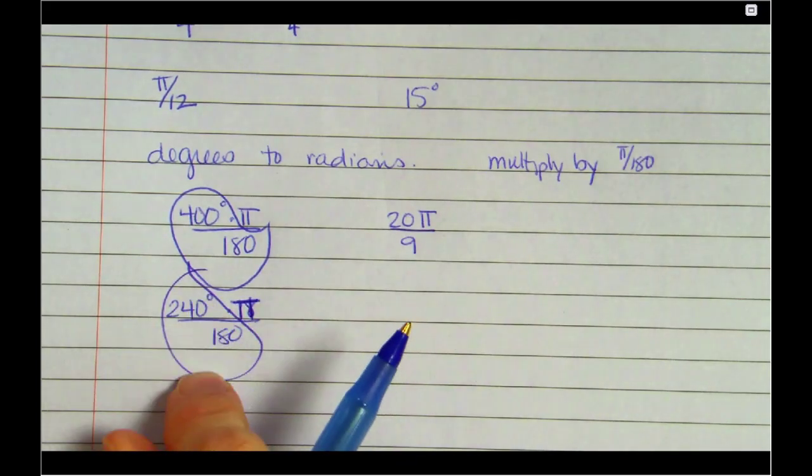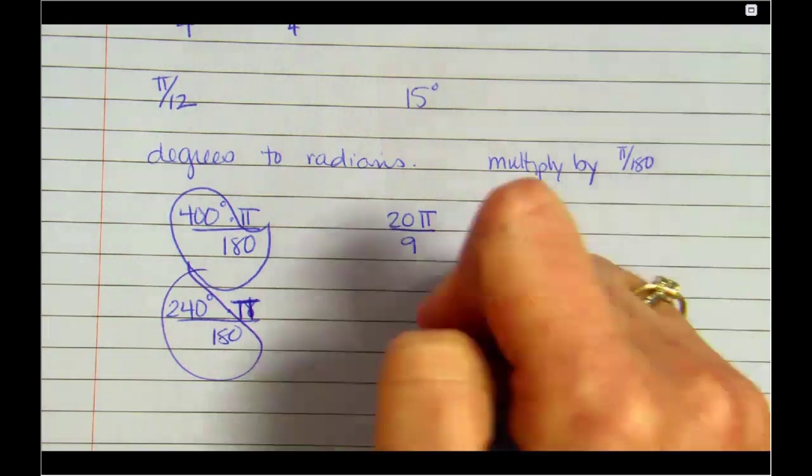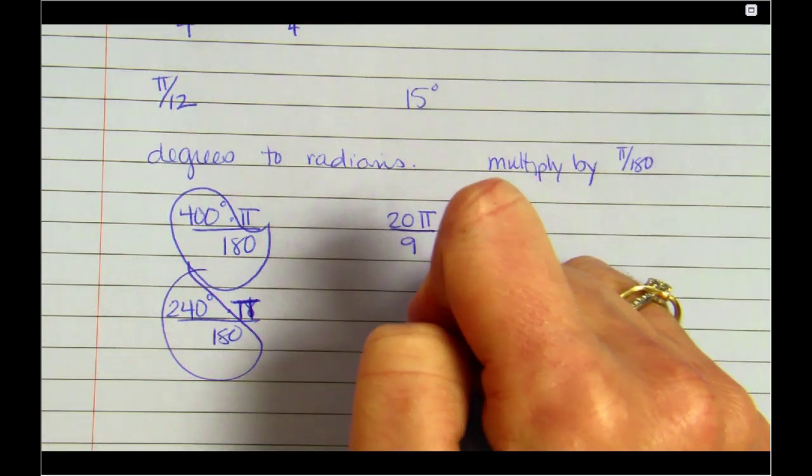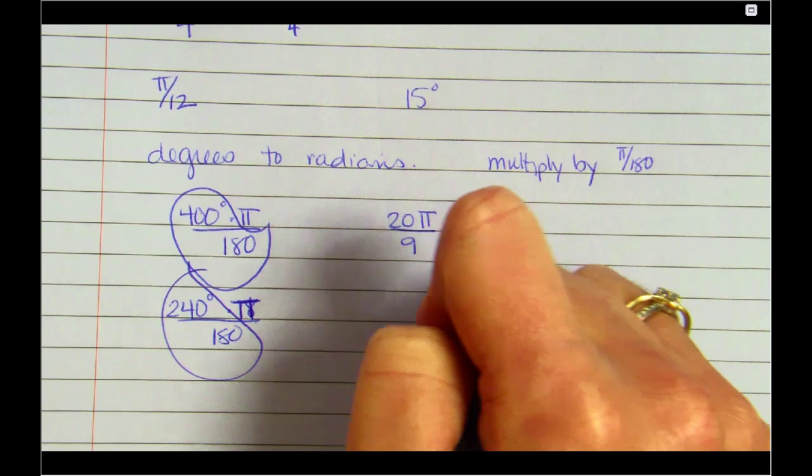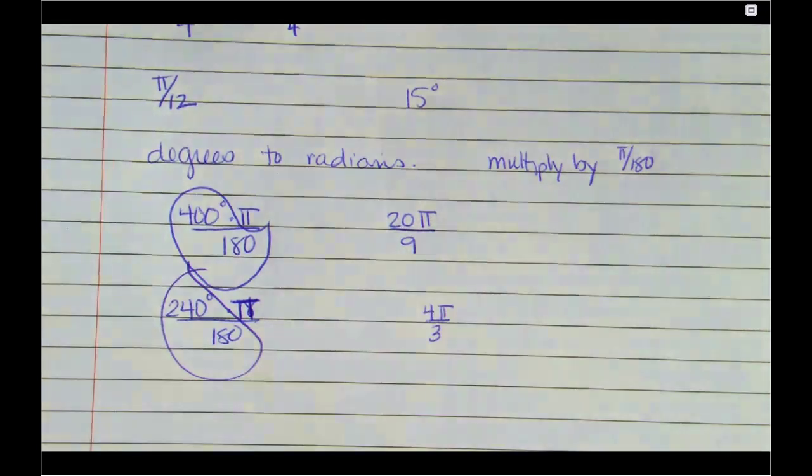What's the fraction itself reduced to? Yep, so this is 4, and you put the pi back on. So 4 pi over 3. To reduce the fraction, put the pi back on.